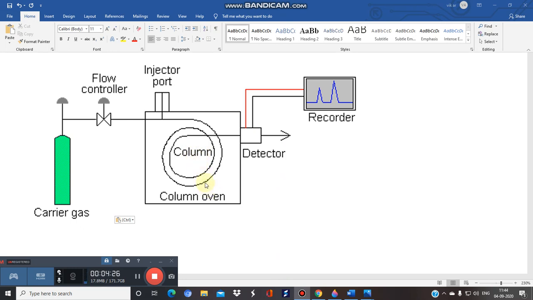In GLC the stationary phase is a liquid on a solid inert support. Then the detector is there. Again we have seen the flame ionization detector, and lastly the peaks are produced by the recorder, and we have to interpret our peaks to find out the final results.